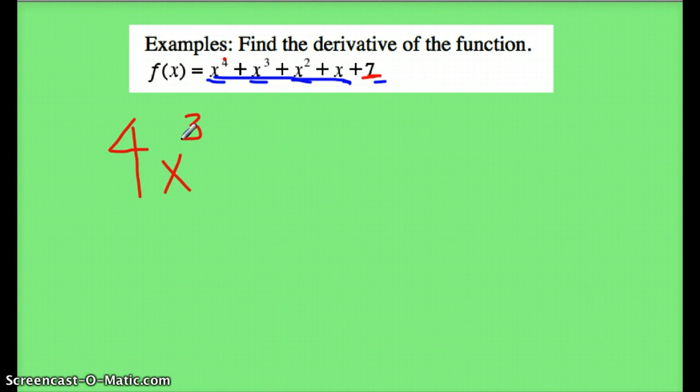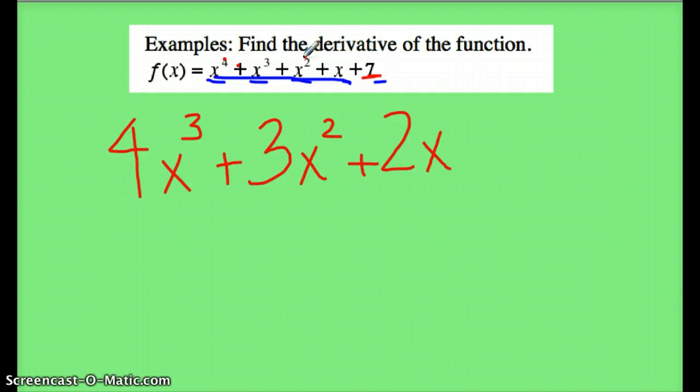I continue, since this is a plus sign, I'm going to write plus, do the power rule again, drop my 3, put an x. If I subtract 1 from 3, I get a 2, which gives me x squared. And again, plus 2x. Well, if I have a 2 right here, subtract 1 gives me a 1.